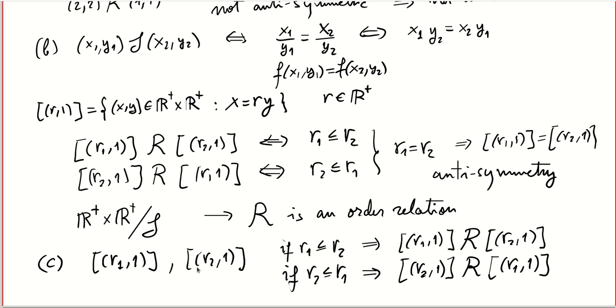So given two elements of this set, either this happens or this happens. And that's exactly the definition of a total order, right? And this is true because for two real numbers, either this is true or this is true. Of course, if they are different, one of them is true and the other is not. So this is a total order.